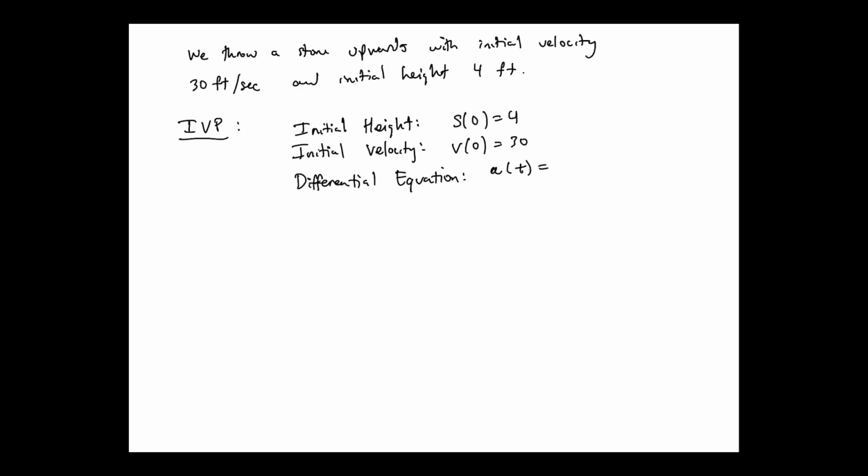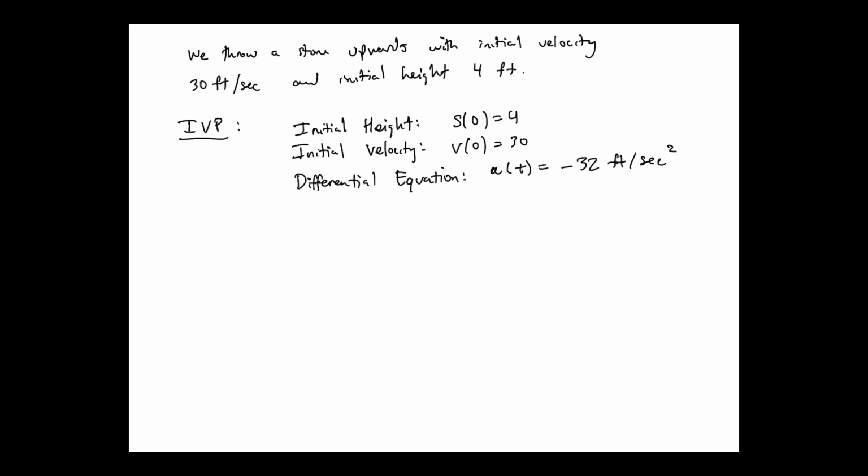It's negative 9.8 meters per second squared, or in imperial units, negative 32 feet per square second. So I know that the acceleration here, once the thing leaves my hand, is a constant at negative 32. That's what gravity is.